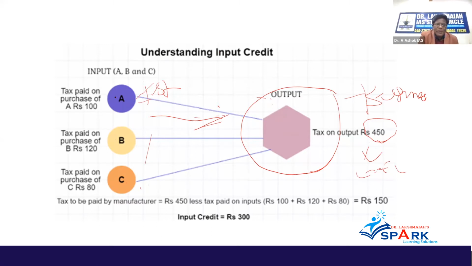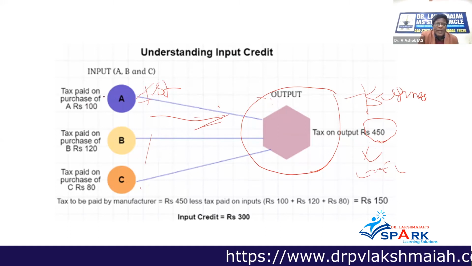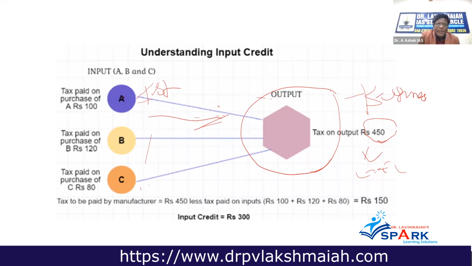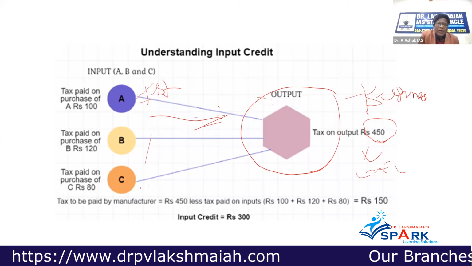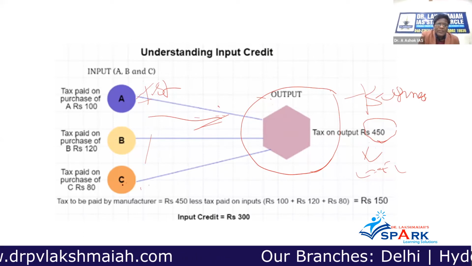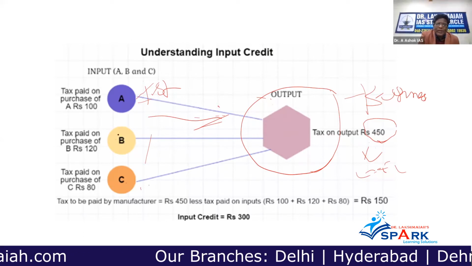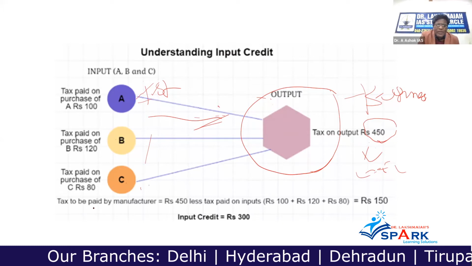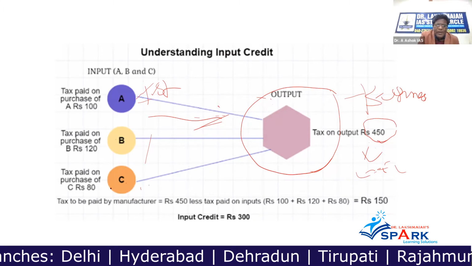So here is the example. For producing an output of rupees 450, let us say, they needed purchases. Tax paid on the purchase of A is 100 rupees, on B is 120, and on C is 80. So what is the input credit now? How do you calculate it?